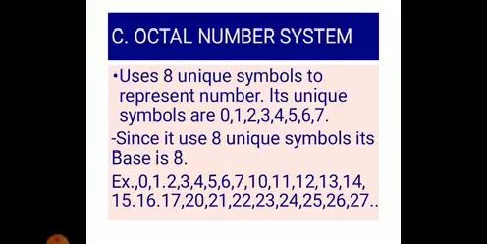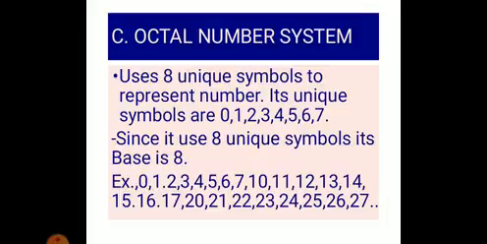Next, see the third number system, the octal number system. It uses 8 unique symbols to represent numbers. Its unique symbols are 0 to 7. Since it uses 8 unique symbols, its base is 8. In this number system, 8 and 9 are not included.